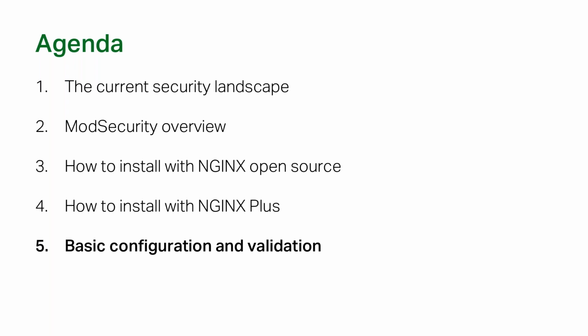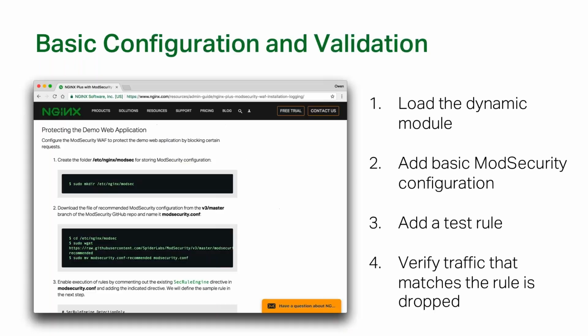Having obtained the module and deployed the binary in /etc/nginx/modules, then you need to get started by configuring NGINX to load the module and to use some simple ModSecurity rules. The process is identical whether you're using NGINX open source and have built the module yourself, or whether you're using NGINX Plus and you're using the module that we have built.